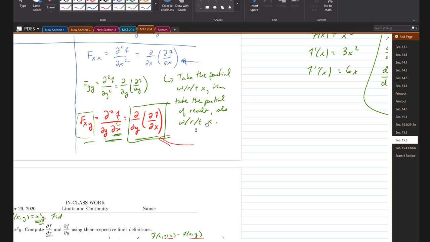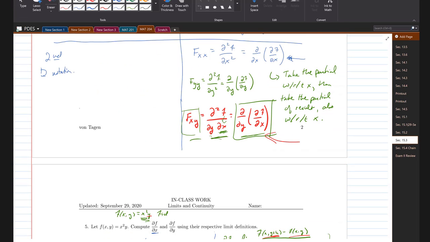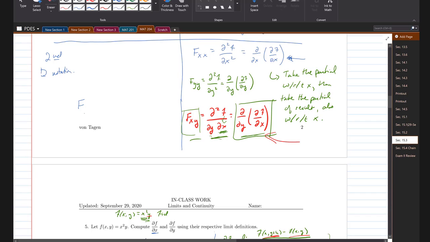So, I'm a little out of room here, so I'm going to write it over here. I've got partial f y x. So that's equal to partial squared f all over, and then I want you guys to write the denominator before I write it.